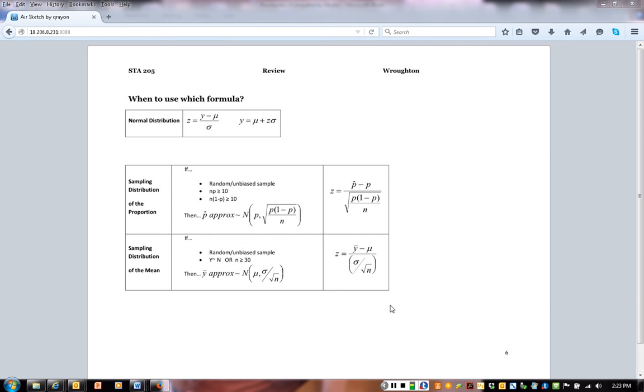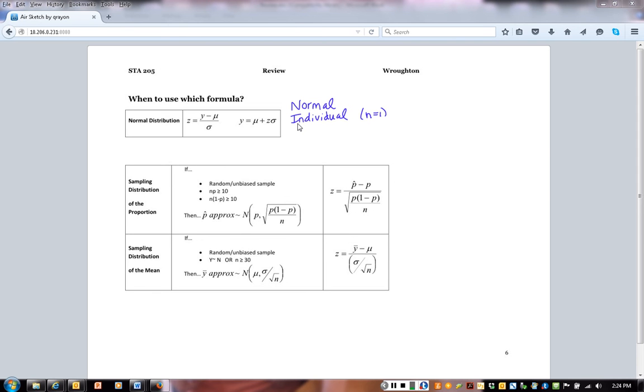So when do I use this very first formula that involves the normal distribution? Well, for this, it had to say the word normal somewhere in the problem. That has to be true. And we have to be talking about an individual. If it makes it a little easier, you can think of that as having a sample size of 1.